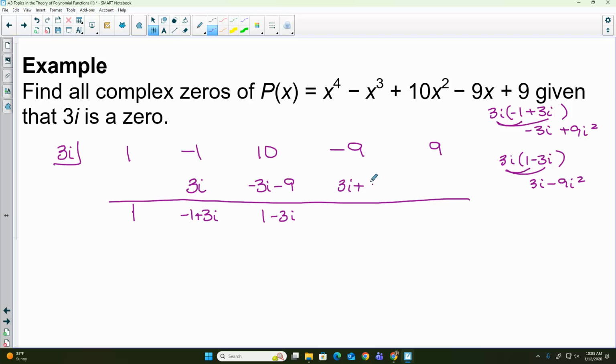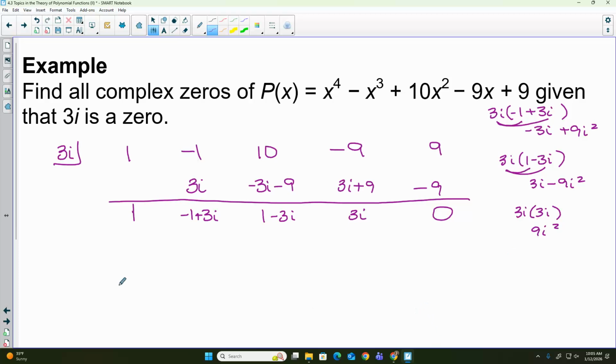So this is 3i plus 9. When I add, -9 and positive 9 cancel, so we just get 3i. So final step, we have 3i times 3i, which is 9i squared, or -9. And that gives me a 0.